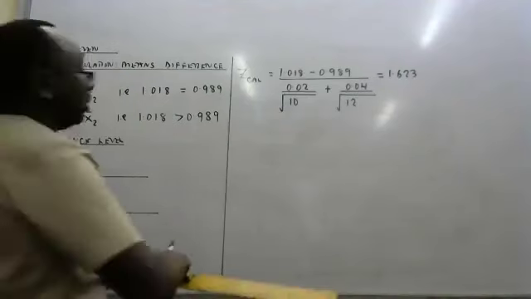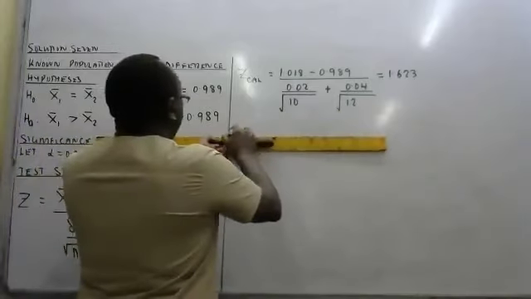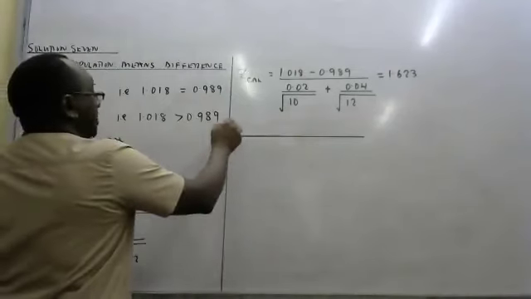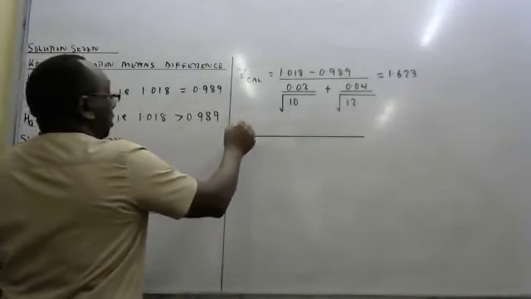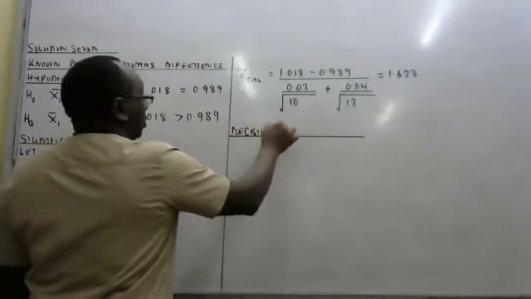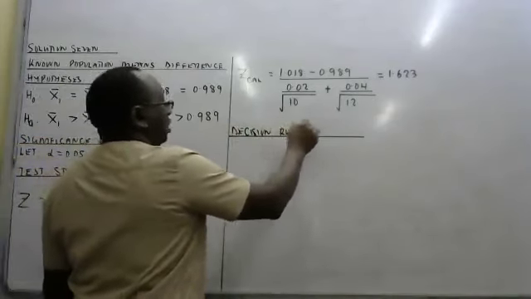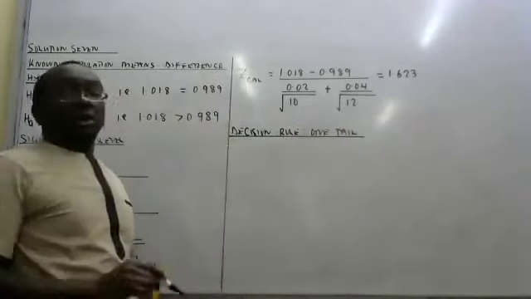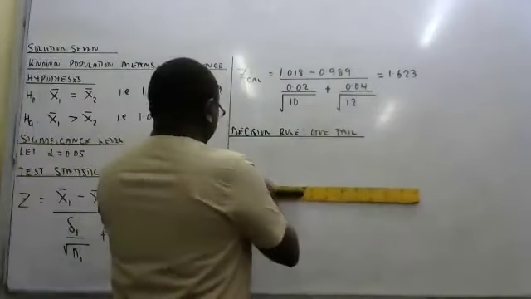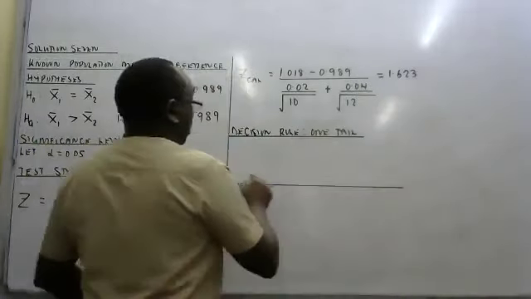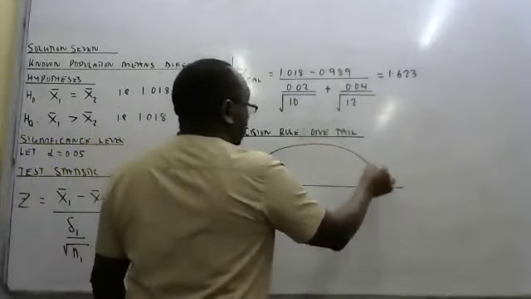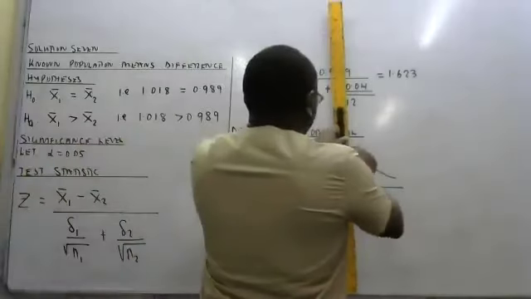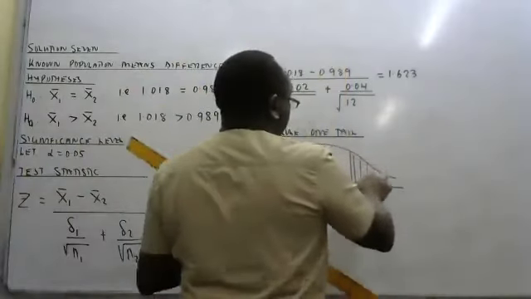So with that, we proceed now and get our decision rule. Our decision rule is going to be one-tailed. And this one, again, because we are saying greater, we are going to shade from here, this side.